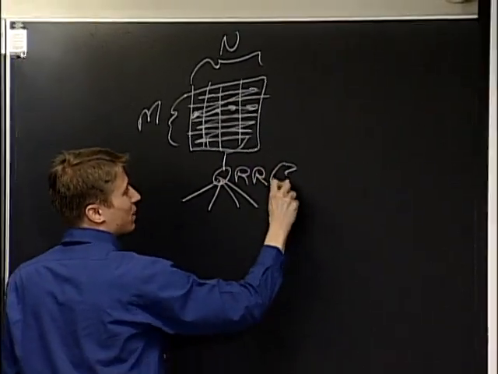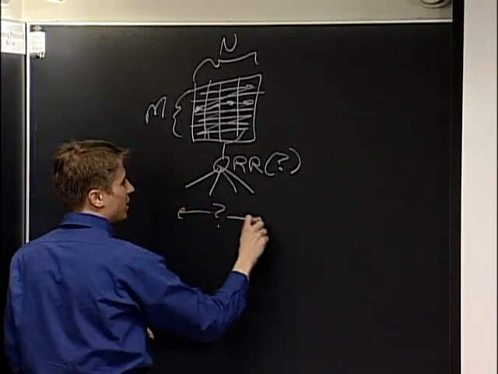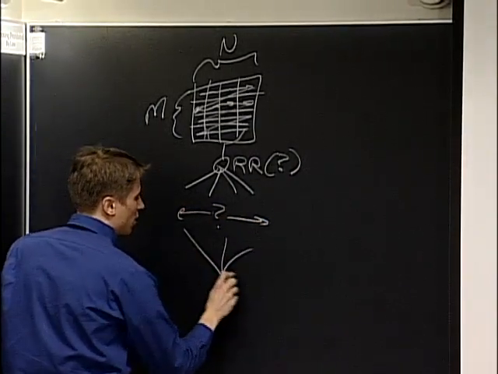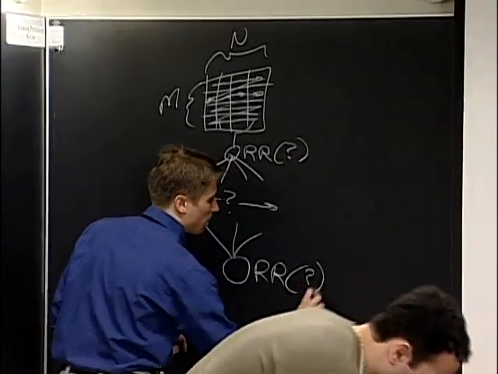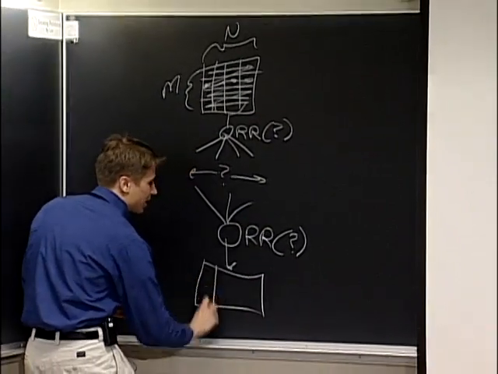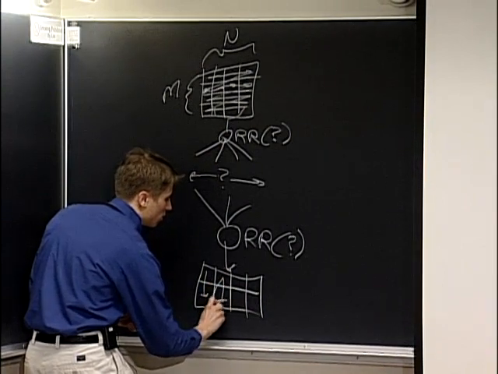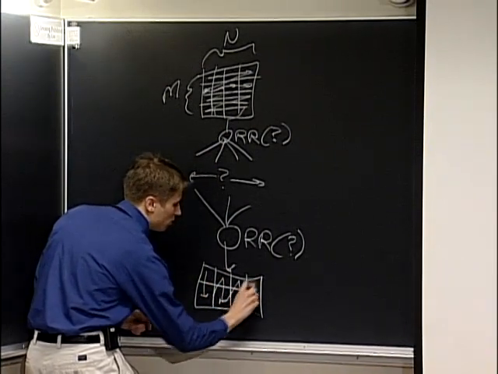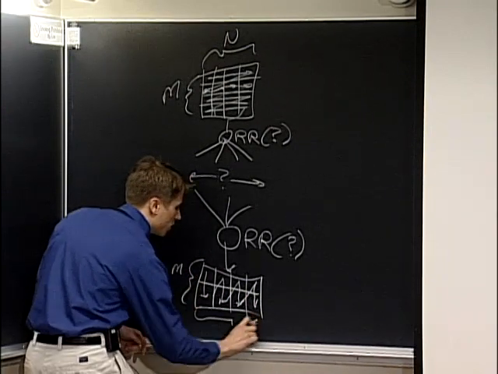And what I want you to do is fill in the round robin weight and also the number of streams. And you can have a round robin at the bottom. And when it comes out, you want the opposite interleaving. This is m and n.